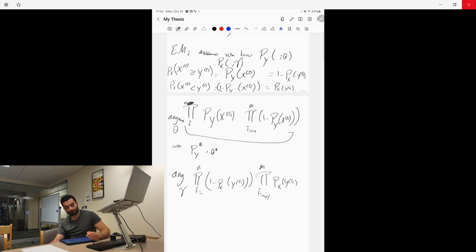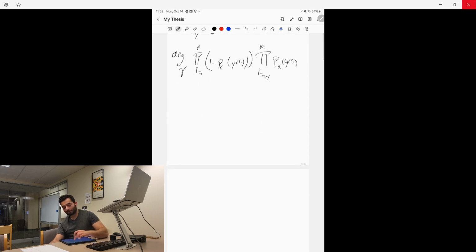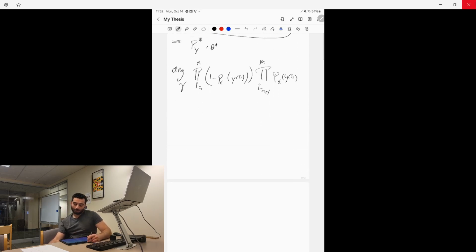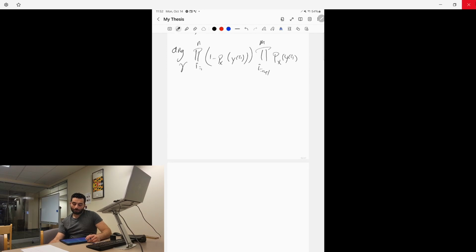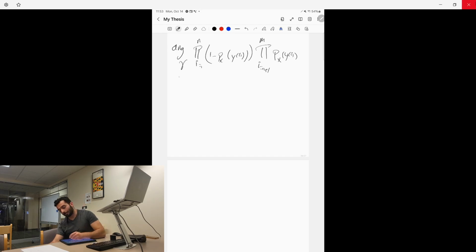Something like that, and this will lead to a gamma for us, gamma star.